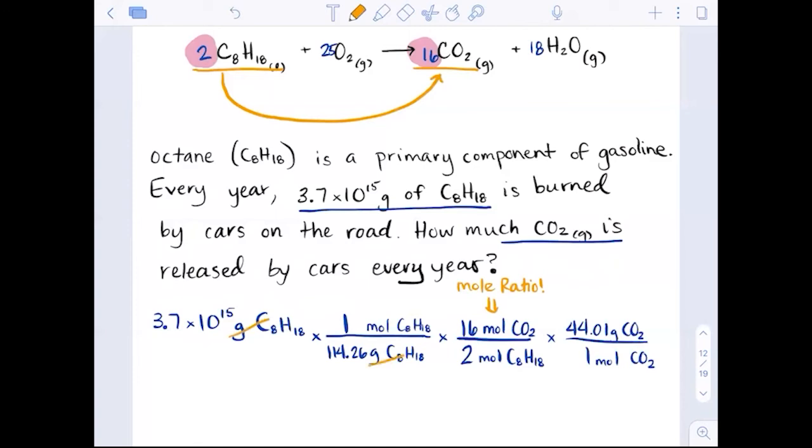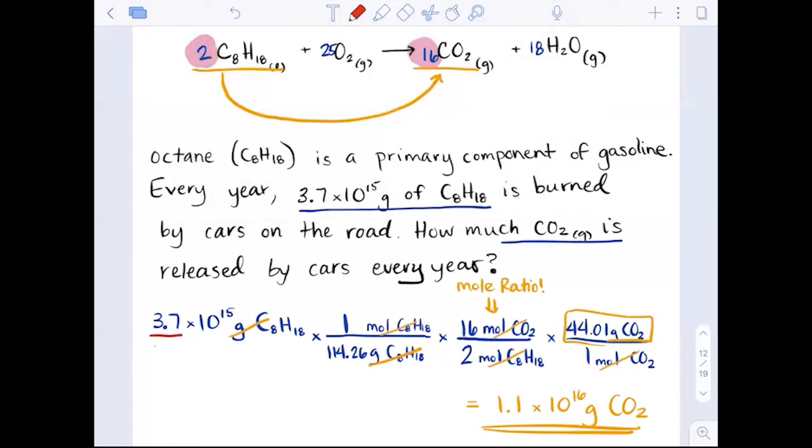Grams of C8H18 cancels with grams, moles cancels with moles of C8H18, and then we'll get our moles of carbon dioxide to cancel, and we're left with grams. Doing the math, we should come up with 1.1 times 10 to the 16 grams of CO2. A lot of CO2 is produced in the atmosphere because of cars.